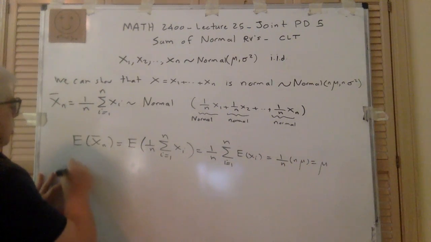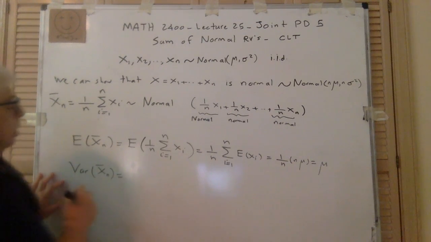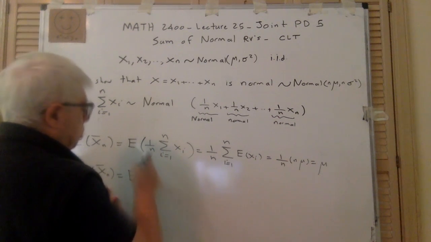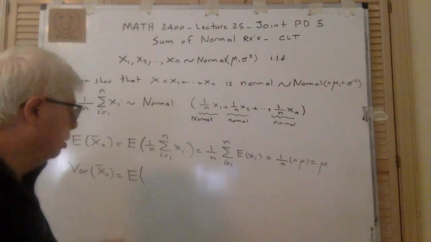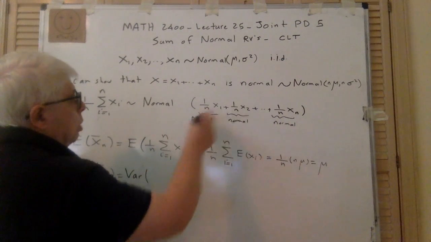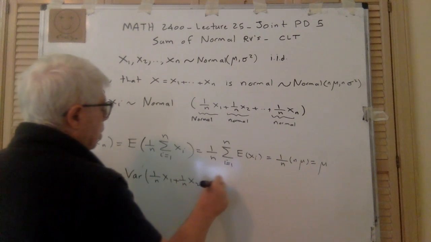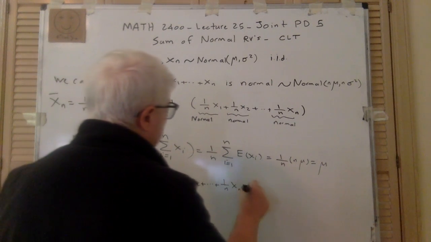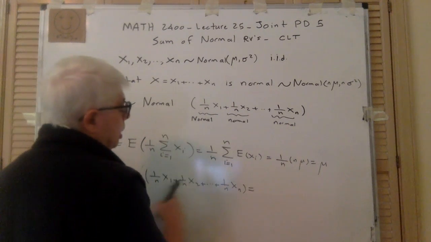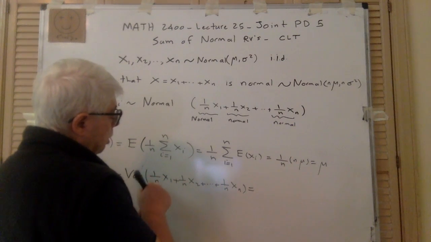And what is the variance of this? I'm assuming again they are independent. Variance of x bar n, that is the variance of this thing. Let's write it like this: 1 over n x1, 1 over n x2, 1 over n xn, and remember these are independent, so when you multiply by a constant, they are still independent, and so the variance commutes with the addition, but we get 1 over n squared.